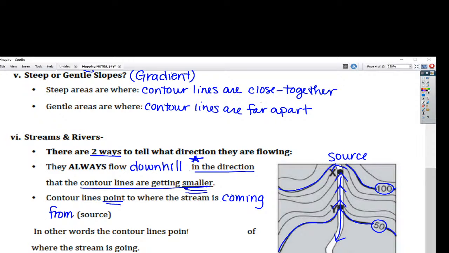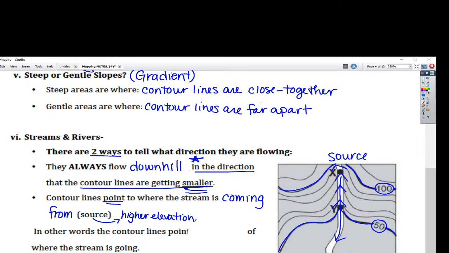And the source is always at a higher elevation. Remember, water is not going to go against gravity. There is one example of a river doing this, but only one. Of all the rivers in the world, there's only one, and there are other factors.